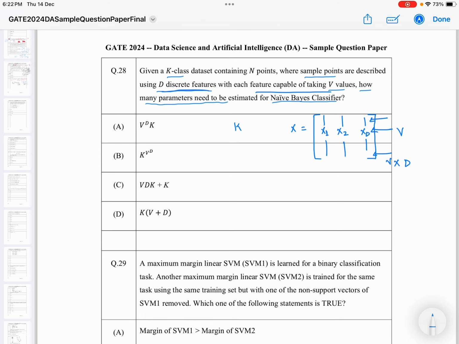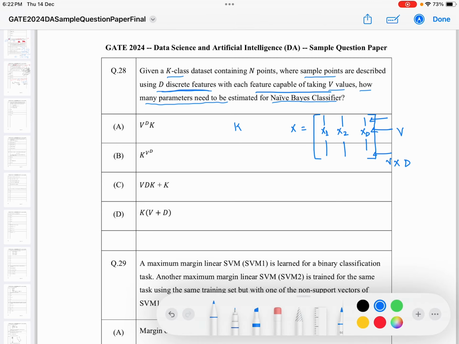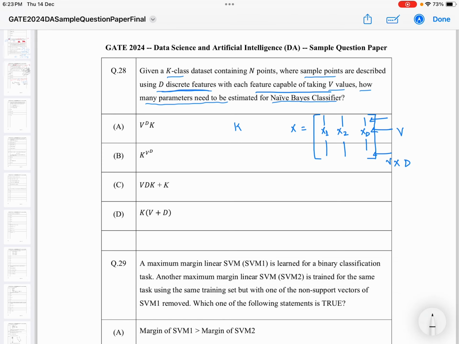Now let's look at Bayes theorem first. At the time of prediction, or test time, we need to have the information of the prior probabilities and the maximum likelihood. What do I mean?